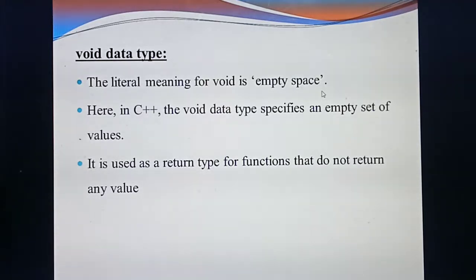If you use this void data type, it won't return any values. Simply, you can assign it as a void data type. Understand what the meaning of void is? Void means an empty data type. It assigns an empty set of values, and it won't return any value as output.